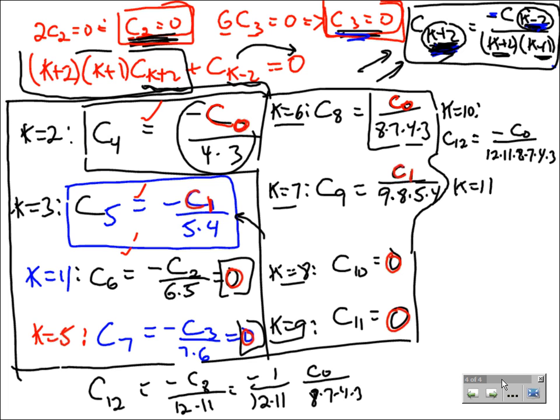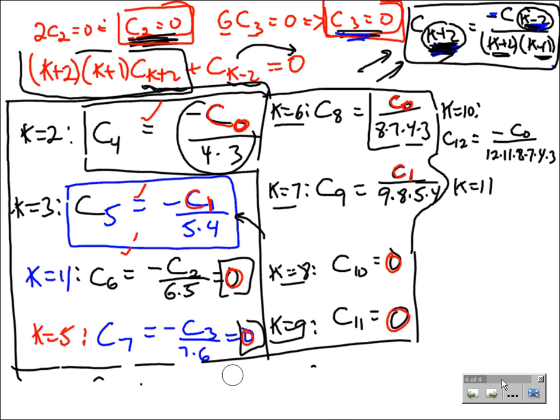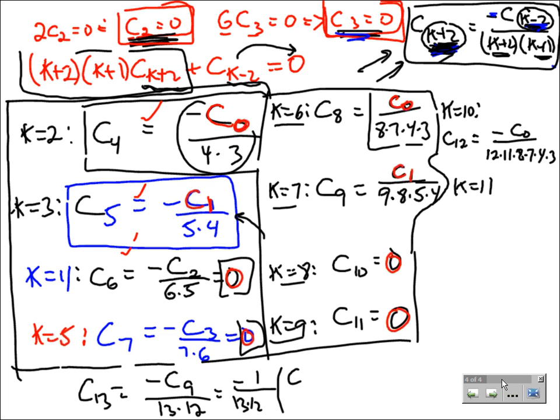Now, when k is 11, it's going to be c sub 11 plus 2, 13. It's going to be c sub 13. And it equals negative c sub 11 minus 2 over 11 plus 2 times 11 plus 1, which is negative 1 over 13 times 12 times c sub 9. But this here is c sub 9.